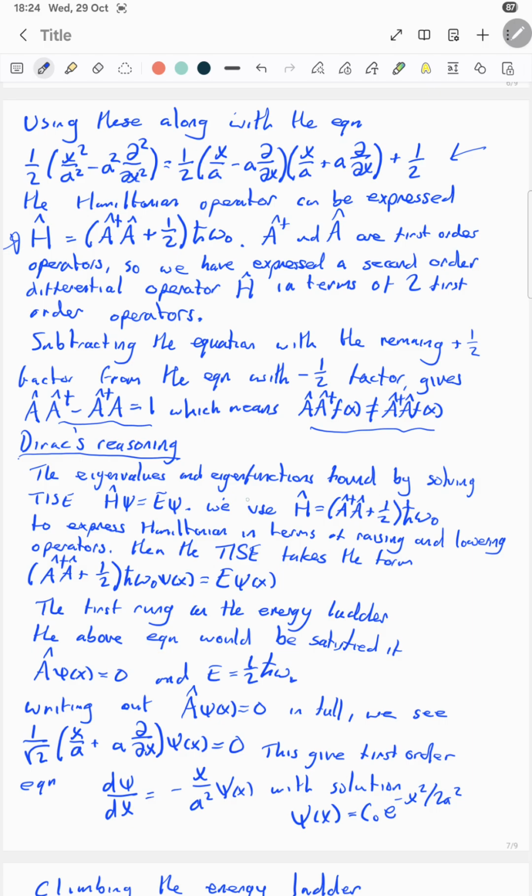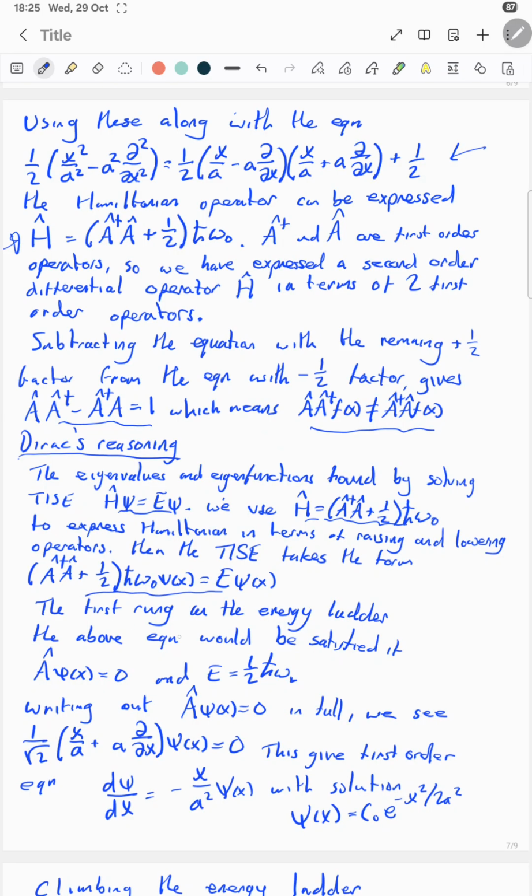To find the eigenvalues and eigenfunctions by solving the time-independent Schrödinger equation, we use this operator here to express the Hamiltonian in terms of raising and lowering operators. Then the time-independent Schrödinger equation takes the form here.